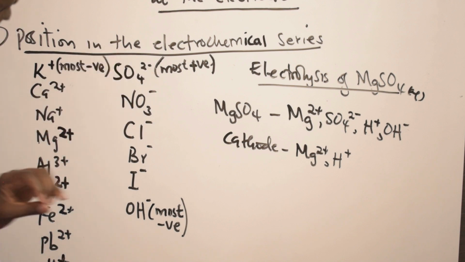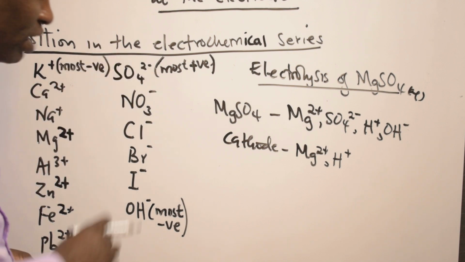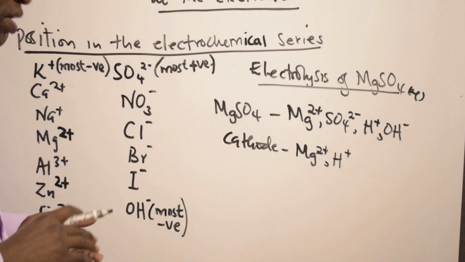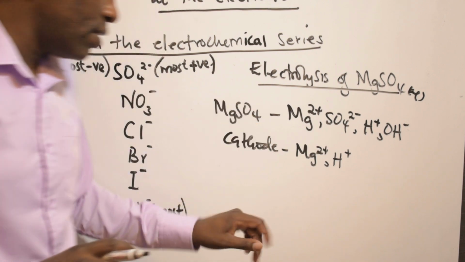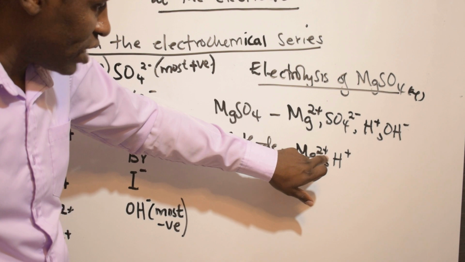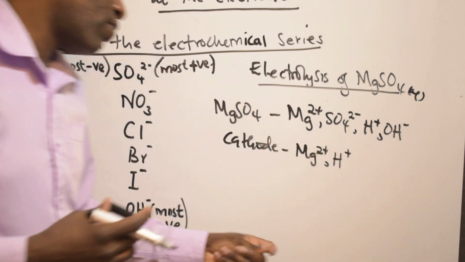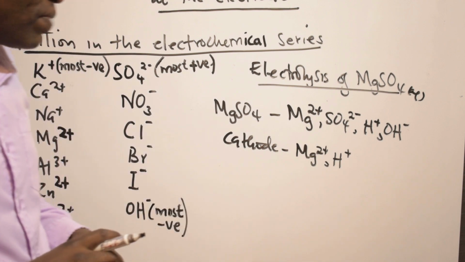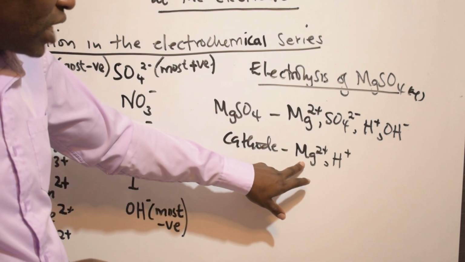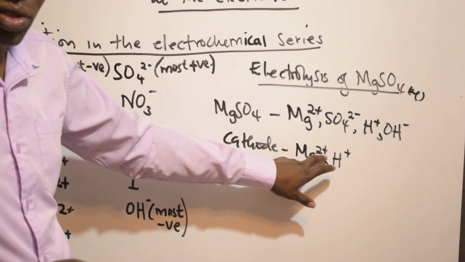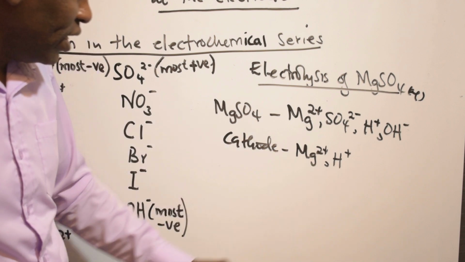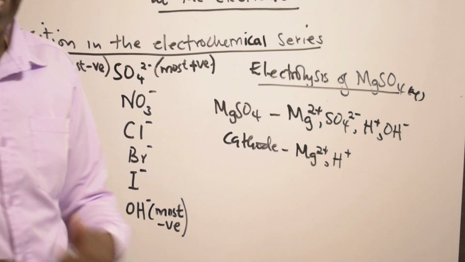Now, let's go back to our electrochemical series. Remember, at the cathode we have the gain of electrons. When we talk about positively charged ions, they have a deficiency of electrons. For example, when I talk about magnesium ions, I mean that this magnesium atom has already lost 2 electrons. Hydrogen has already lost an electron.